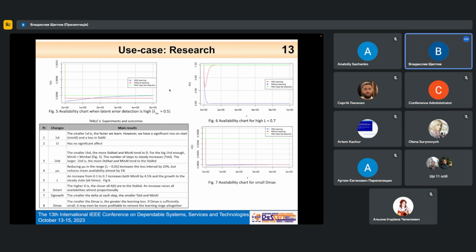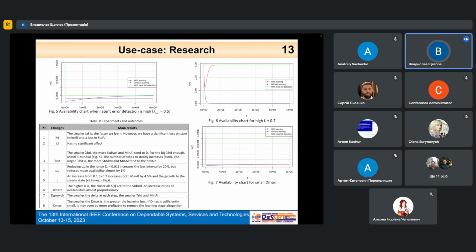For example, table 5 represents 8 more experiments with the parameters that we changed and the main results of the changes, meaning how each change affects the whole picture. For example, in figure 5, we only changed the error detection transition. It is now much higher, and that's why our losses are not so critical. In figure 6, we also set the L parameter to a high value.